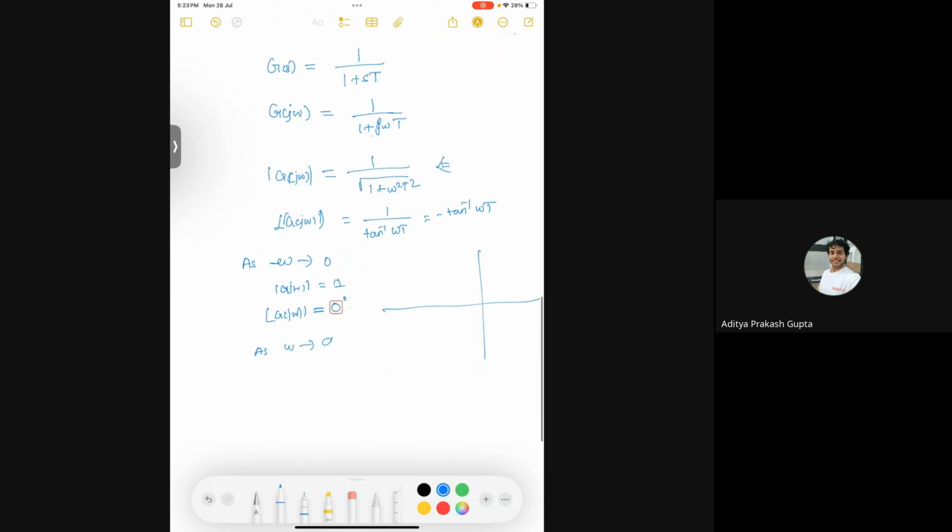As omega tends to infinity, 1 by infinity will be 0, and the angle would be minus 90 degrees.